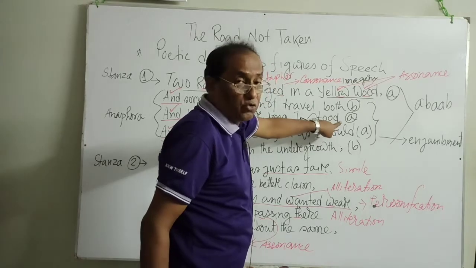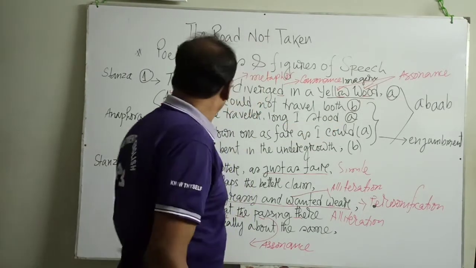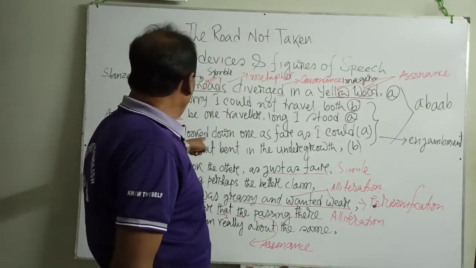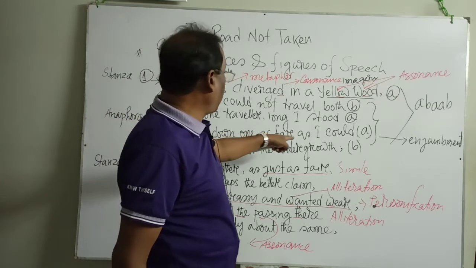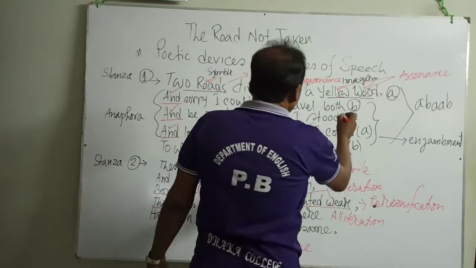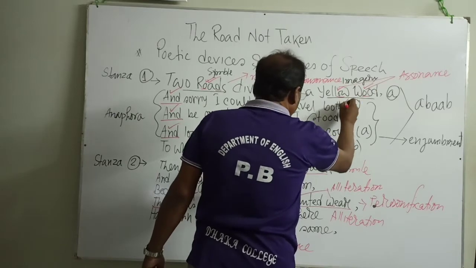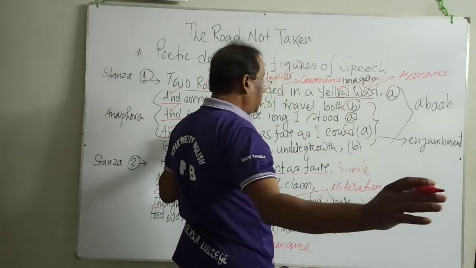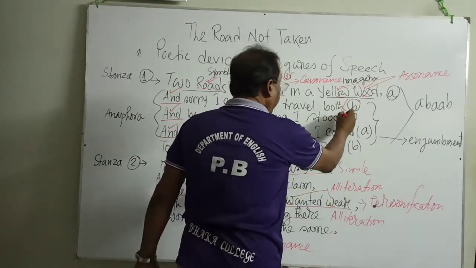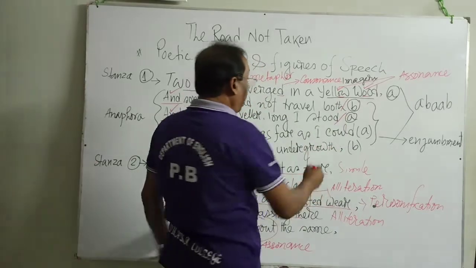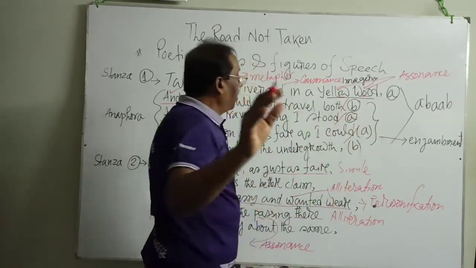There is no punctuation at the end. Again, and looked down one as far as I could. So, after both, there is no punctuation. After stood, there is no punctuation. After could, there is no punctuation.